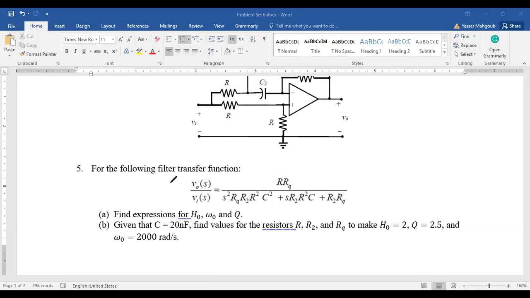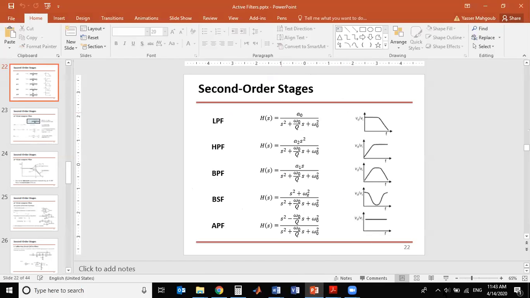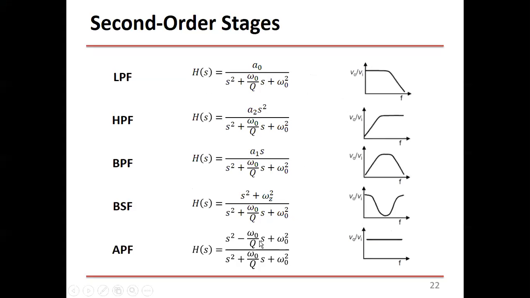Is that not a low pass filter? No. First of all, it's not in the standard form. If you go back to the standard form, I'll show you the standard form. So these are the standard forms. Look at the denominator here.